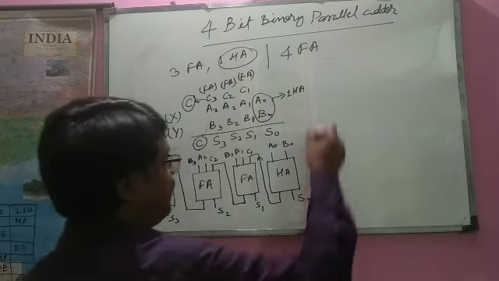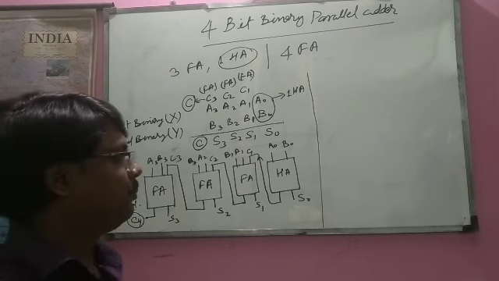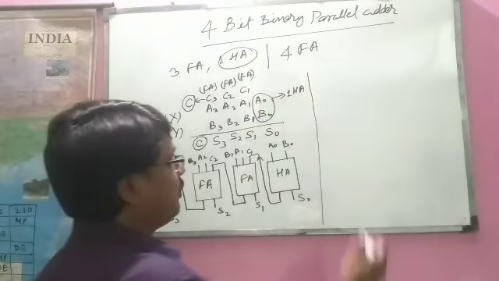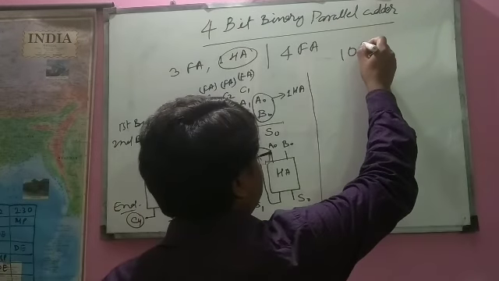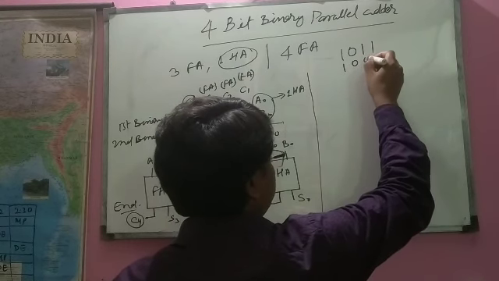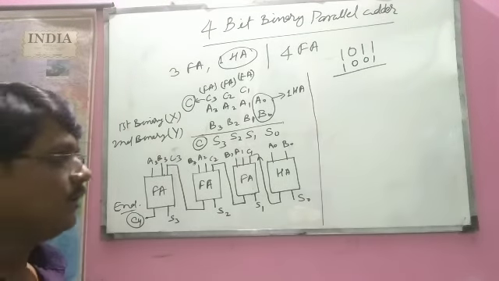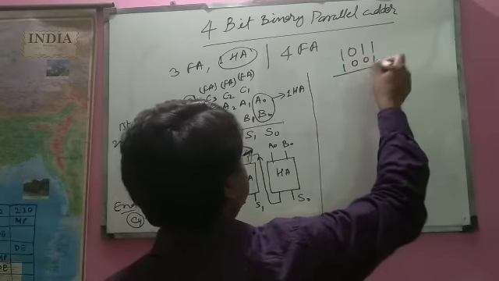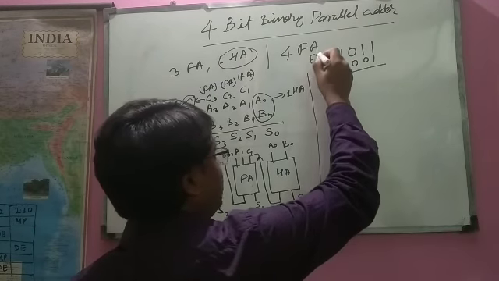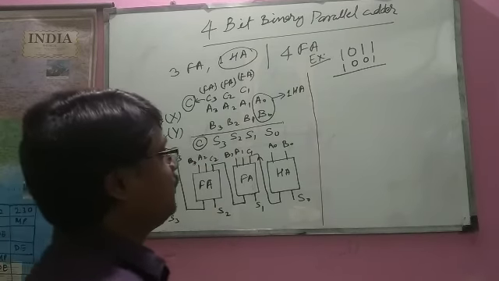We will take an example so that this concept will be clear. Okay, so let us suppose we want to add 1 0 1 1 and 1 0 0 1. Let us suppose we want to add these two numbers. Okay, so this is the 4-bit binary parallel adder, and this is the example. So see what happens.